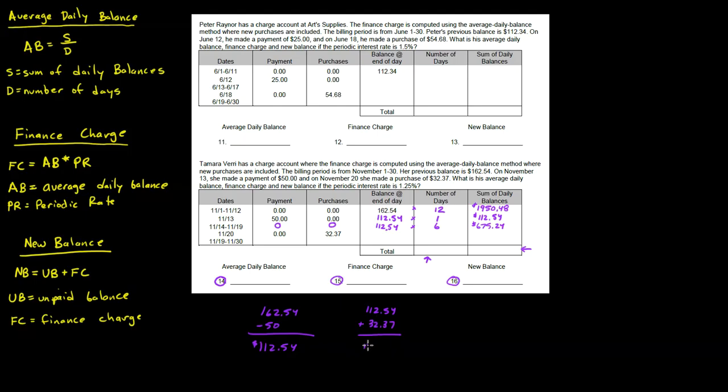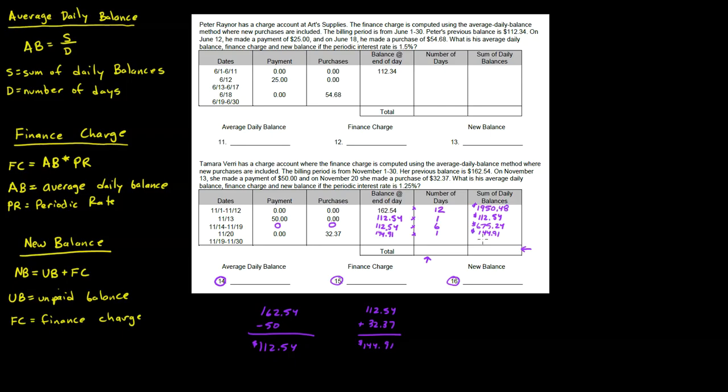So now I owe $144.91. So the balance at the end of the day on the 20th was $144.91. That's just one day, so I have $144.91.